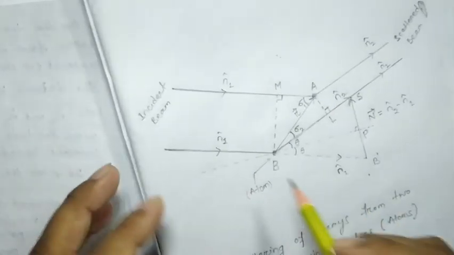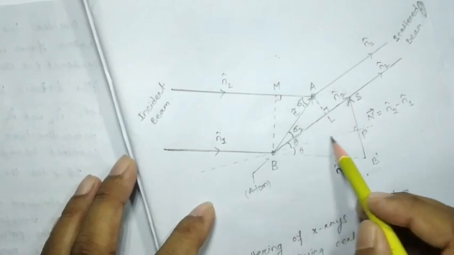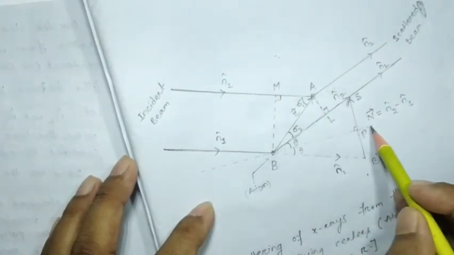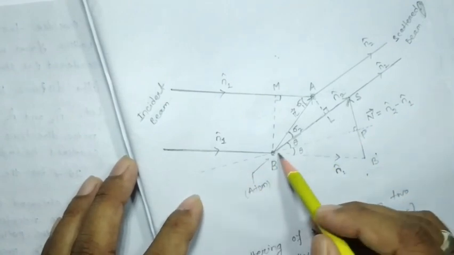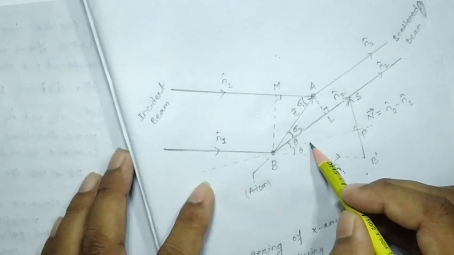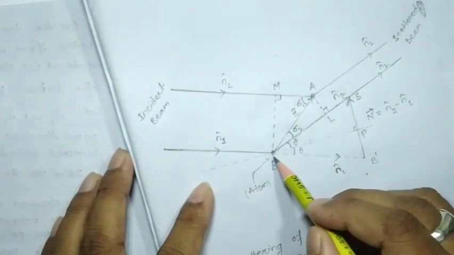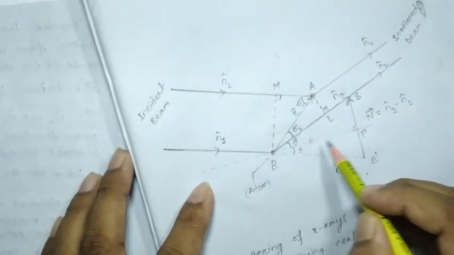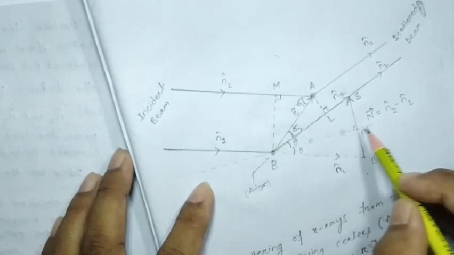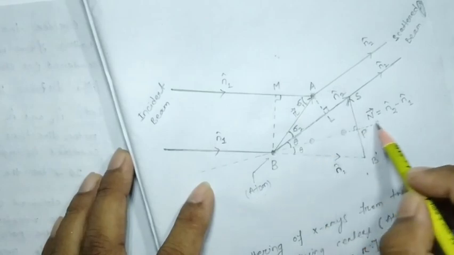What is the reflecting plane? This is the dotted line which passes through the B atom. This will be the so-called imaginary plane. On this plane the atoms are periodically arranged: here is one atom, here is another atom, here is another, placed periodically.